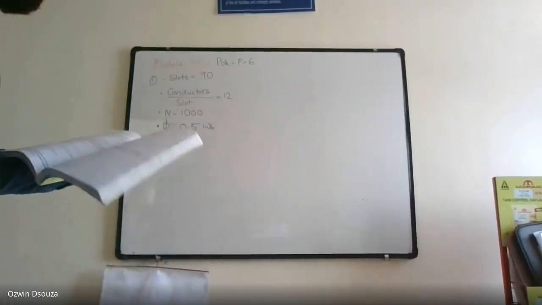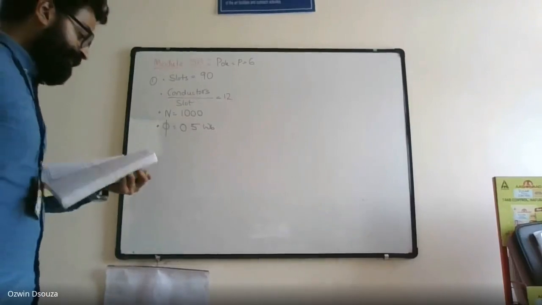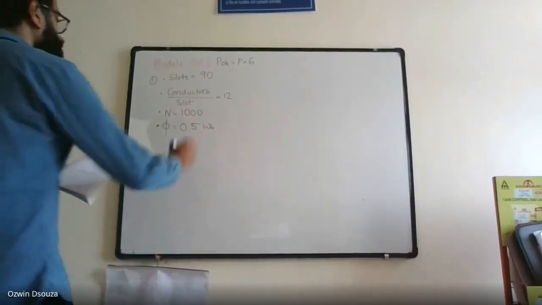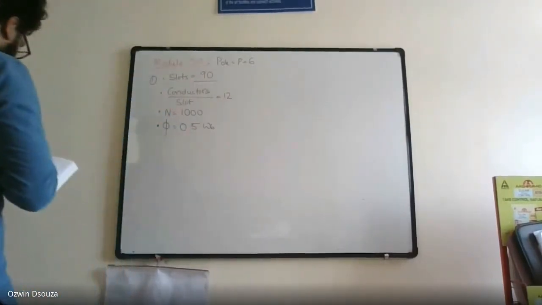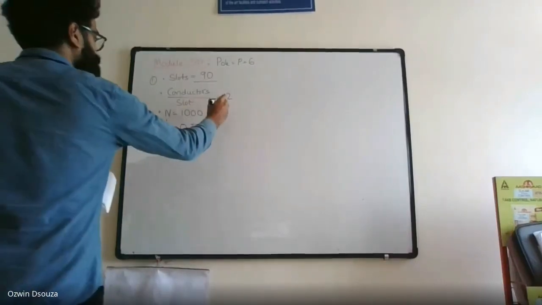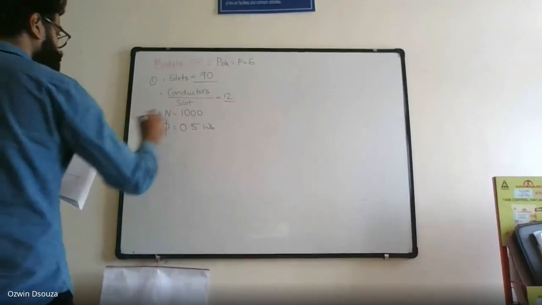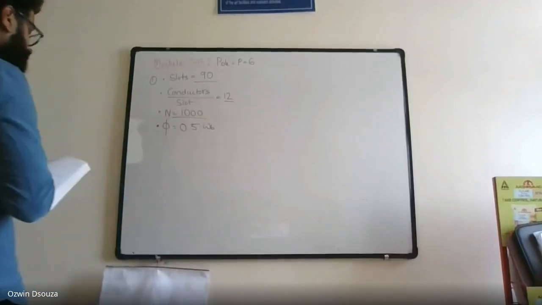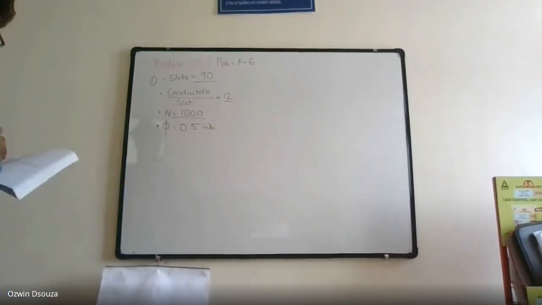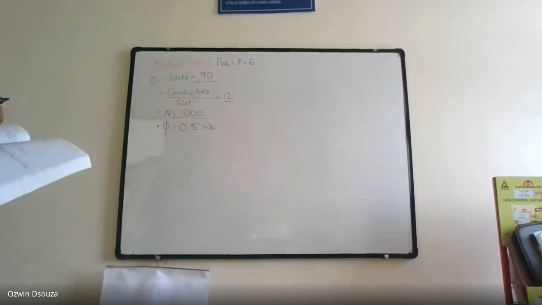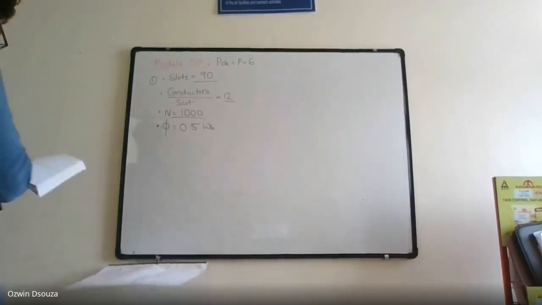A 6-pole, 3-phase, star-connected alternator has an armature with 90 slots. Conductors per slot is equal to 12. The speed of operation is 1000 RPM and flux per pole is 0.5 Weber. Okay.